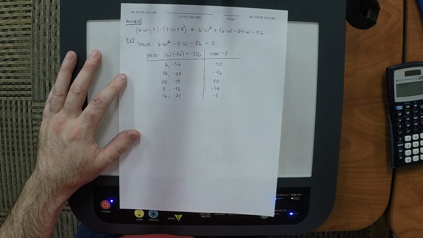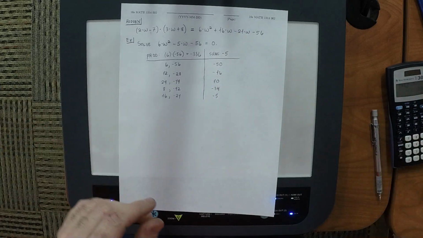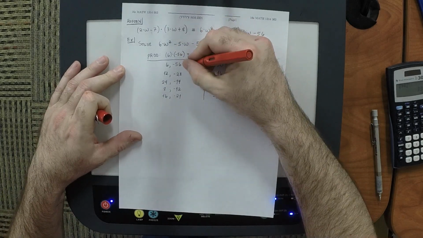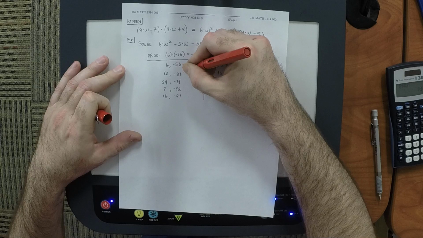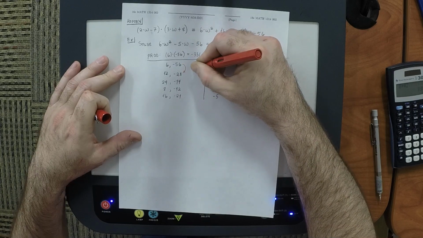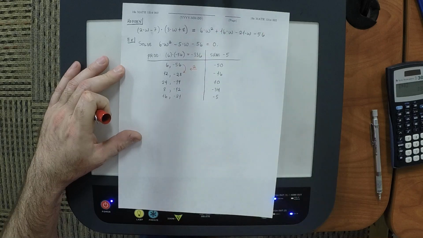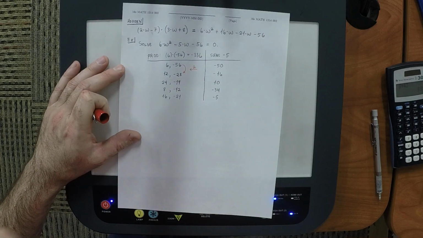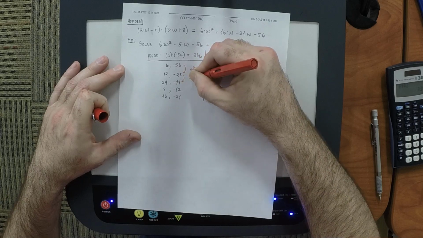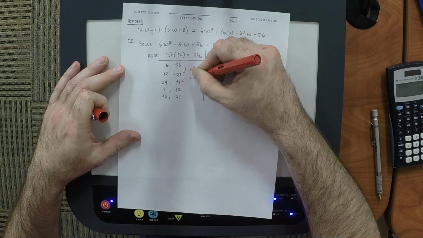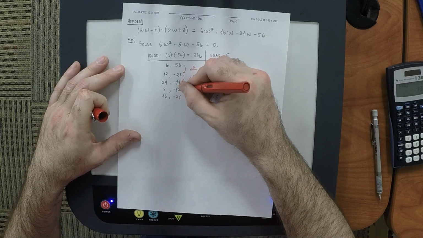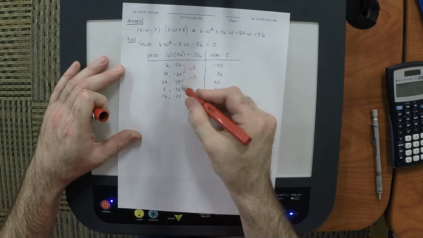The sum is right. So to be clear, to get from this one to this one, we made a 2 move from the right factor to the left factor. To get from this one to this one, we again made a 2 move from the right factor to the left factor. To get to this one, what did we do here to here?